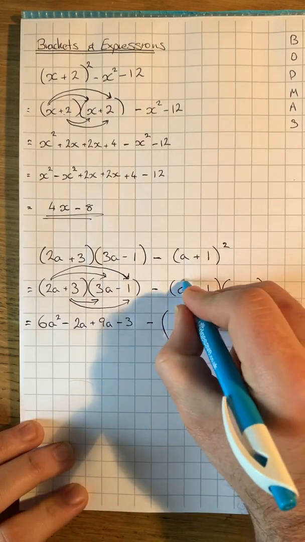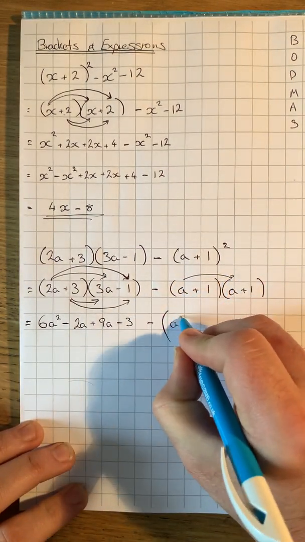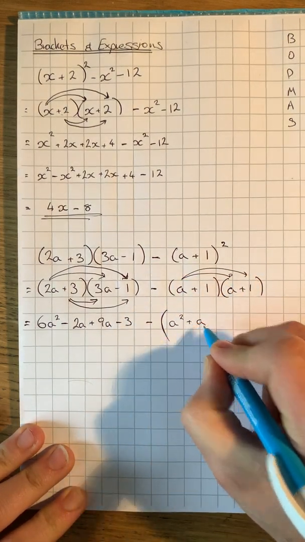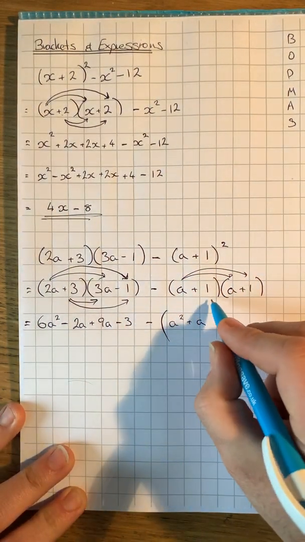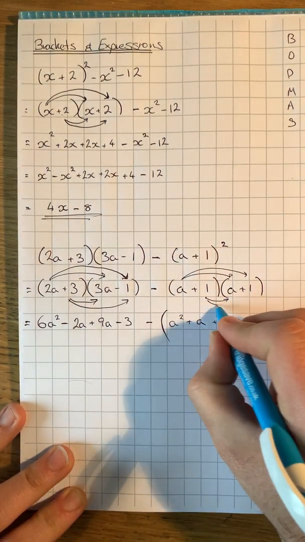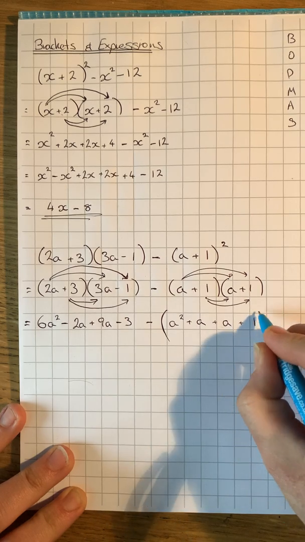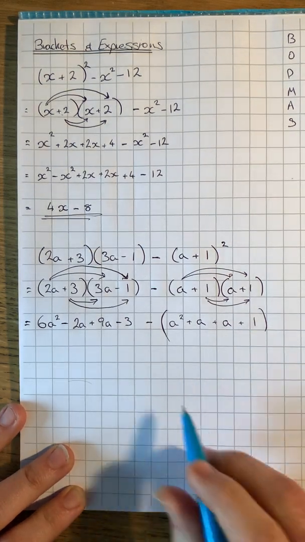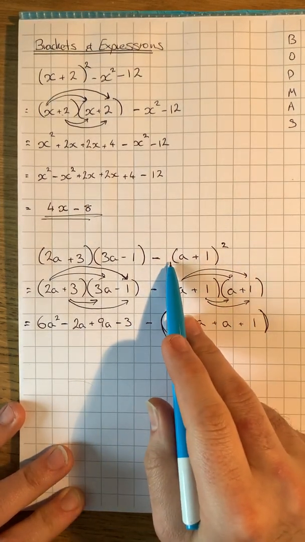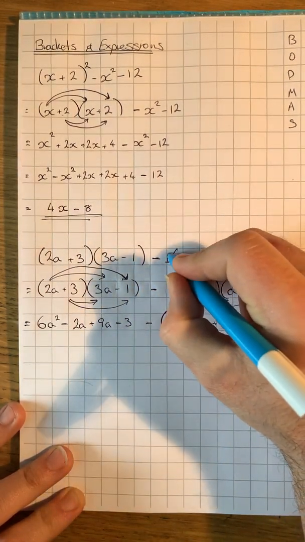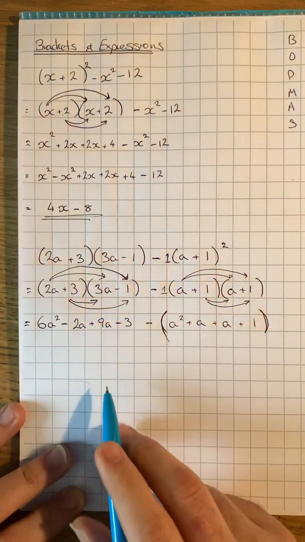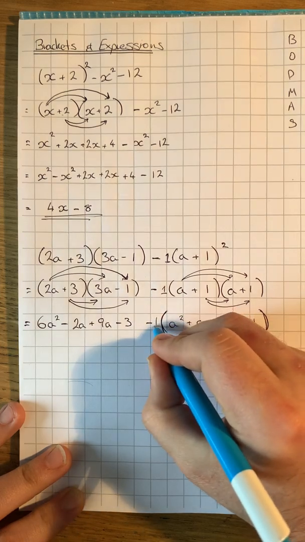So a times a gives us a squared. a times 1 gives us 1a, or a. And then we have 1 times a, which gives us another a, and 1 times 1, which gives us plus 1. Now, here's what I mean by negating it. Because we have this bracket up here, what it actually means is we have negative 1 lots of it, and we still have the negative 1 going all the way down.